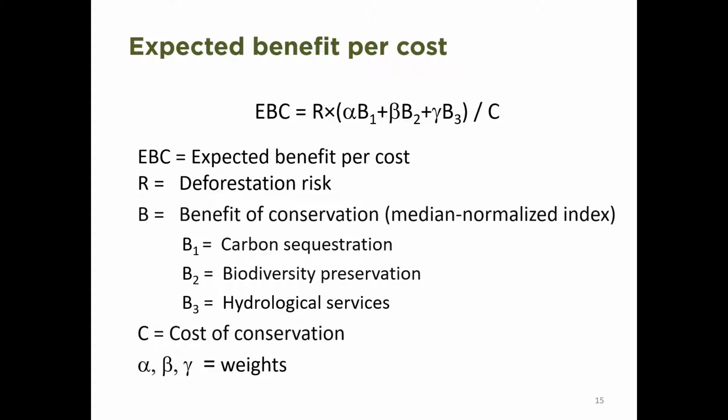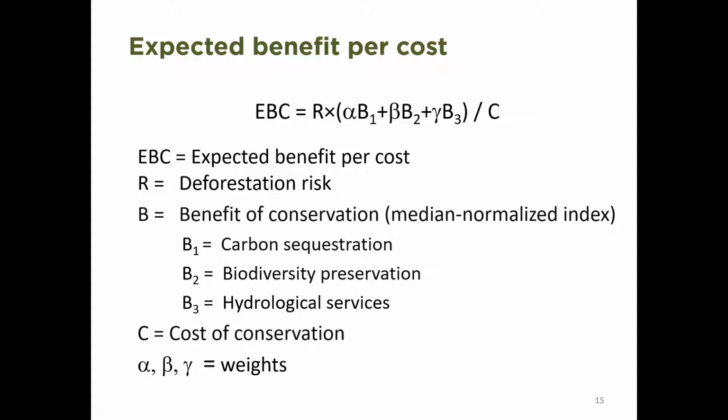So the forest conservation tool combines these three elements in a simple and intuitive way, which is illustrated in this equation. The term in parentheses is the sum of the three types of forest ecological benefits that I just mentioned. B1 is carbon sequestration, B2 is biodiversity preservation, and B3 is hydrological services.